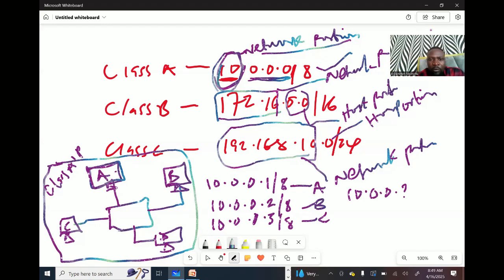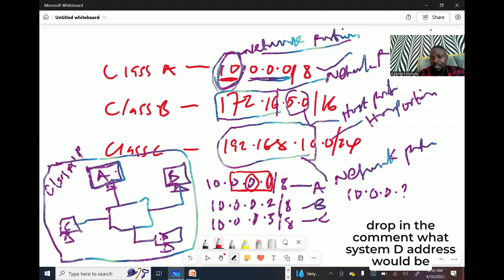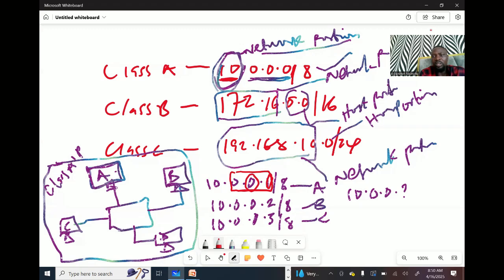So any of these 3 octets can go for our hosts. As the number of hosts increases, when this last octet gets exhausted and reaches 255, the maximum it can go, it will shift to the middle octet.